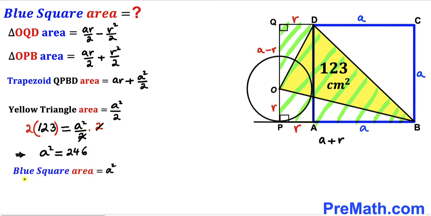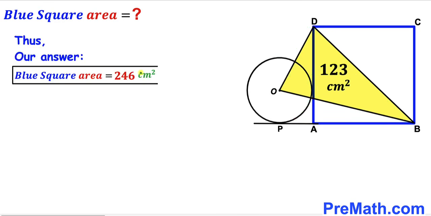And now let's recall the blue square area is a square and our a square value is 246. So therefore we conclude that this blue square area is going to be equal to 246 centimeters square. So thus the area of this blue square turns out to be 246 centimeters square. And that's our final answer.